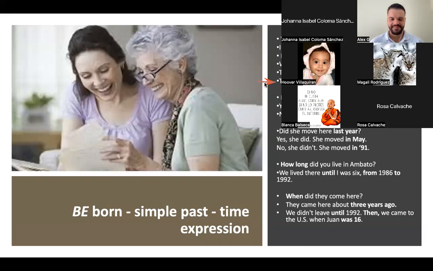Or they weren't born in Salinas. Excellent. All right, guys. So remember the verb to be for born, okay? Singular was, plural were, negative we're going to use wasn't, okay? Or plural form weren't, okay?